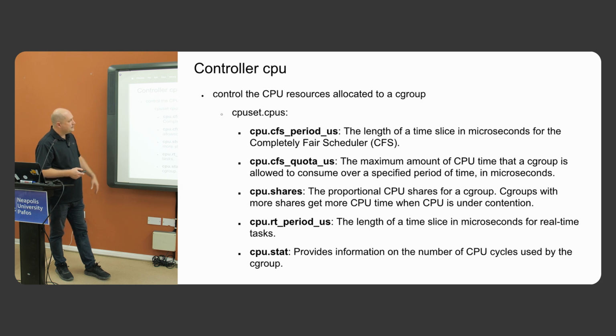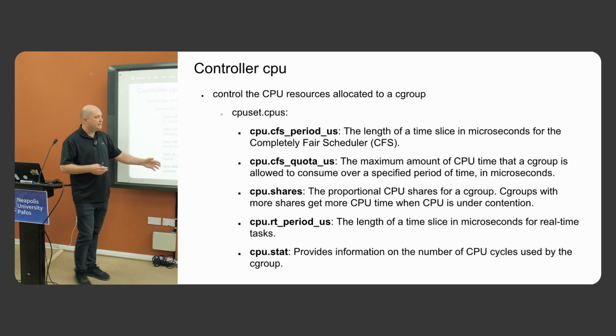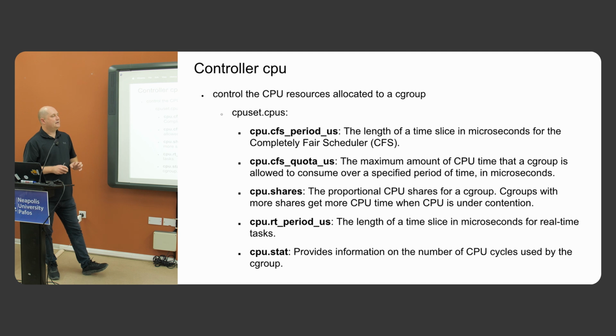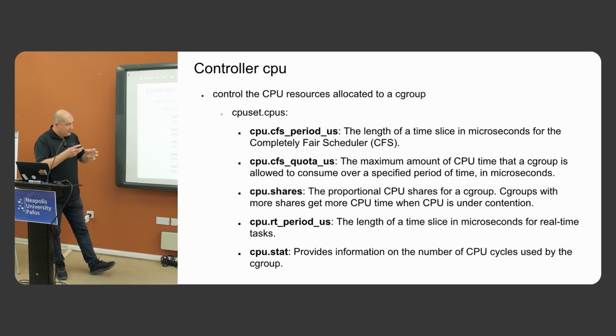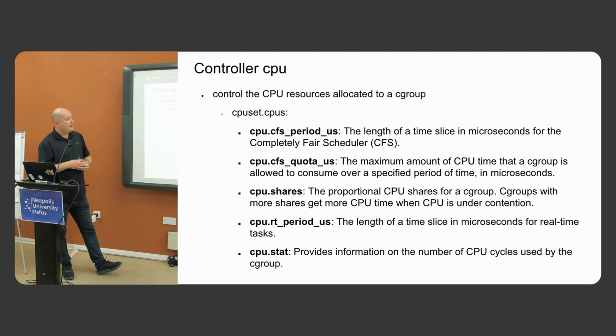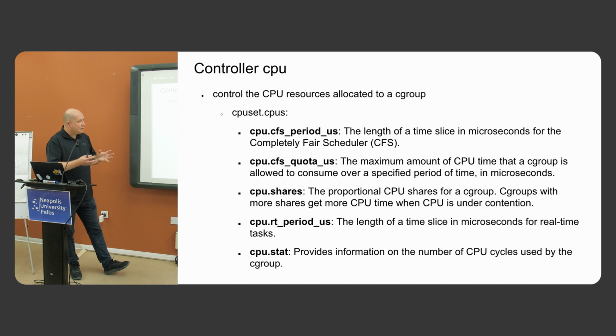So this is CPU. It's about CPU ticks, right? This is a set of parameters for the scheduler. I can tune the scheduling procedure for this group. I can set a CPU quota.